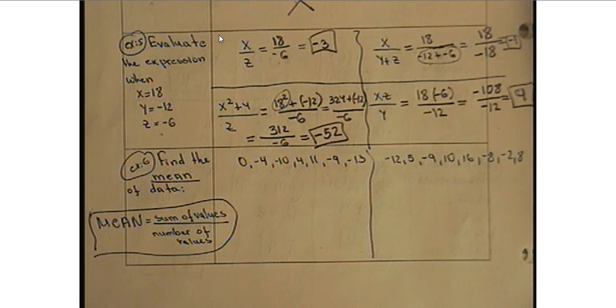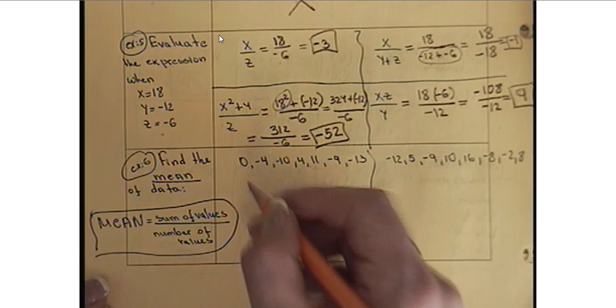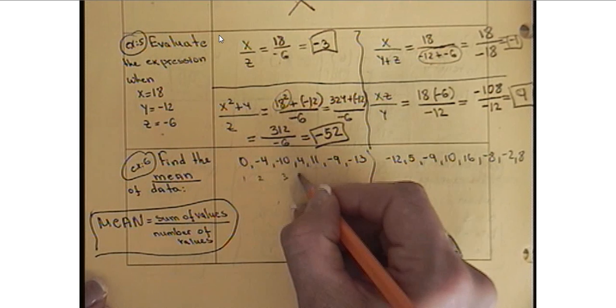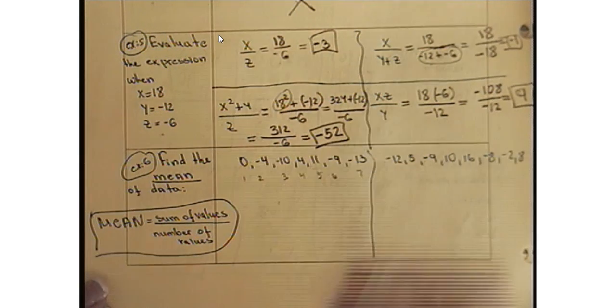So what is the average score that you earn? In order to calculate the average or the mean, we're going to add all those numbers together and then divide by the total count of numbers given here. So let's first calculate how many numbers we have. We have 1, 2, 3, 4, 5, 6, 7 numbers total.